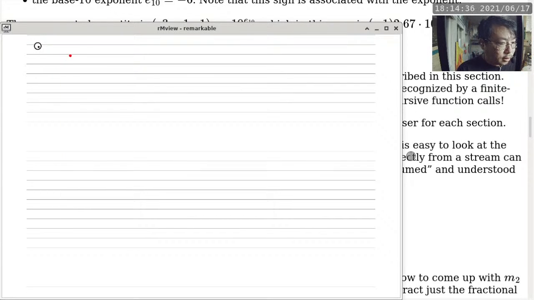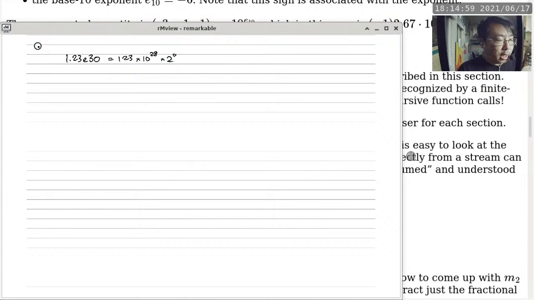So once again, let's start with 1.23, and this time we'll start with a large exponent, times 10 to the power of 30. So this is 123 times 10 to the power of 28. And we can always put in times 2 to the power of 0.